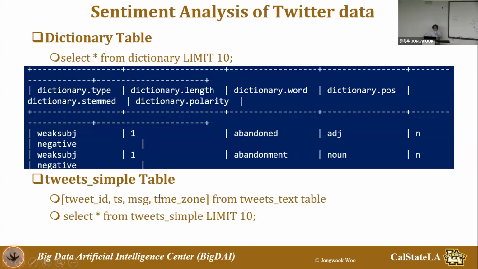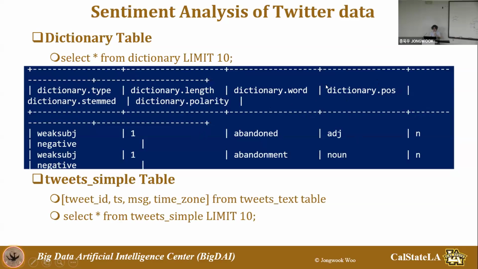Okay. And as I said, for sentiment analysis, you need a dictionary table. It could have multiple columns, like word type, word length, the word itself, word syntax, stem, and polarity.